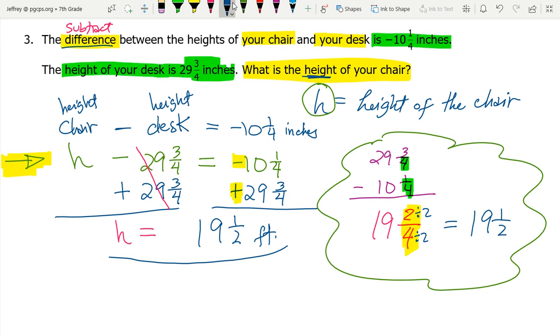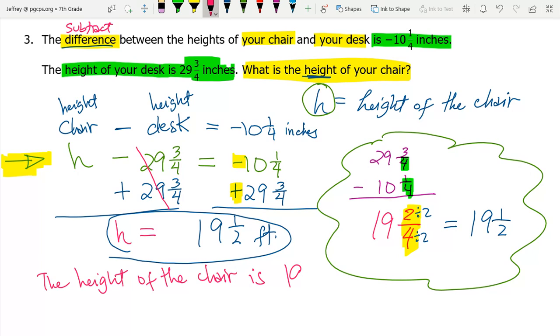So our answer is 19 and 1/2 feet. So the height of the chair is 19.5 feet. All right, let's try the last problem.